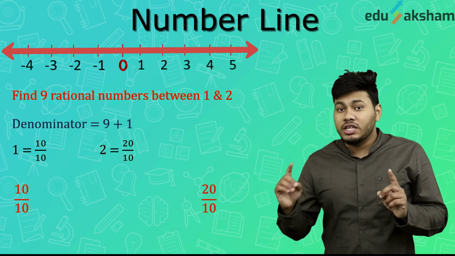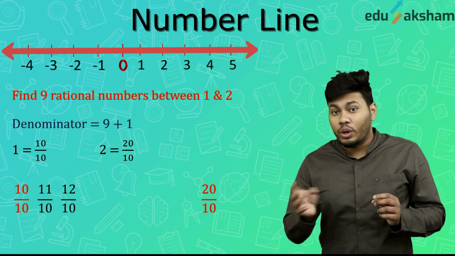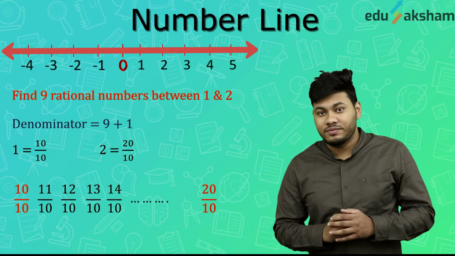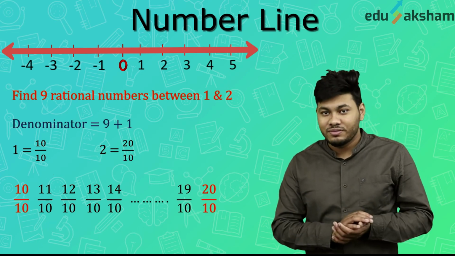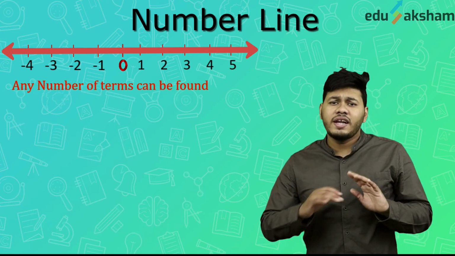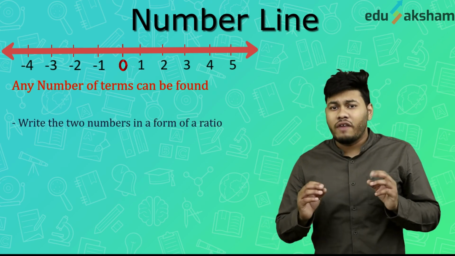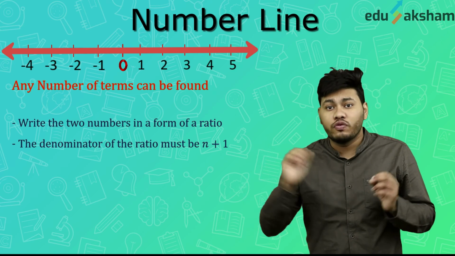Now if we keep on increasing the numerator by 1, we will get 11 by 10, 12 by 10, 13 by 10 and so on up to 20 by 10. In this way we have got 9 rational numbers between 1 and 2. In this way we can find n rational numbers between any two numbers. We just have to put the denominator as 1 more than the number of terms we need to find.